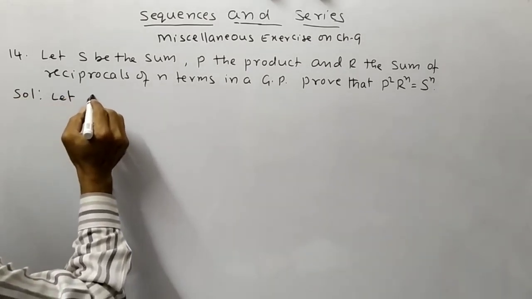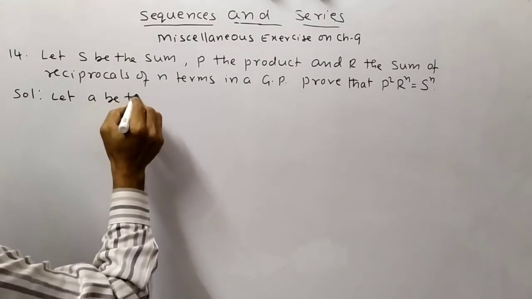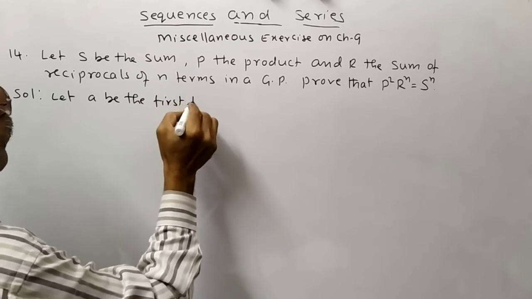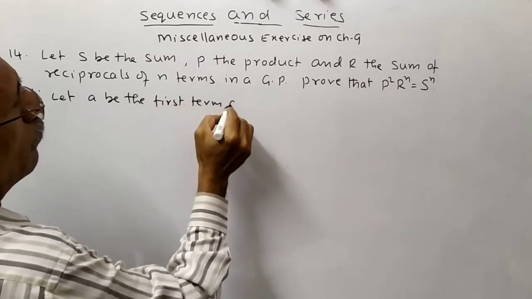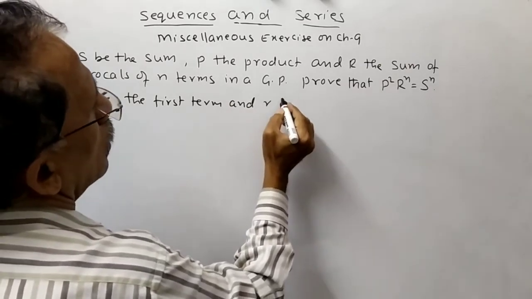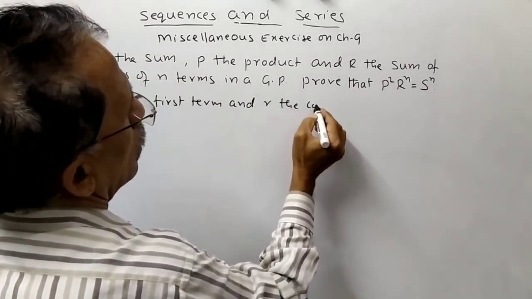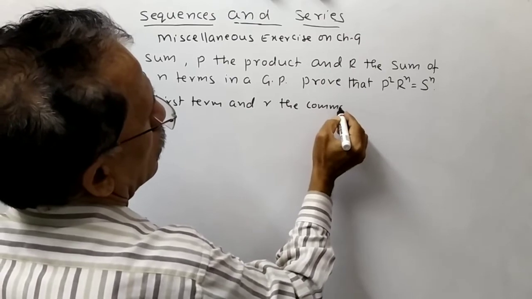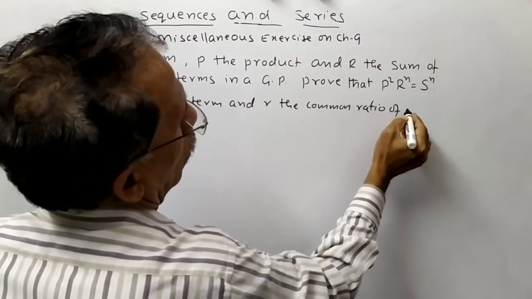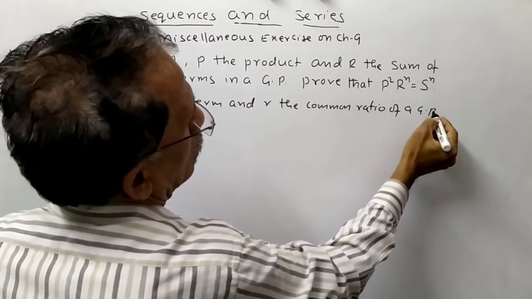Let a be the first term and r the common ratio of a GP.